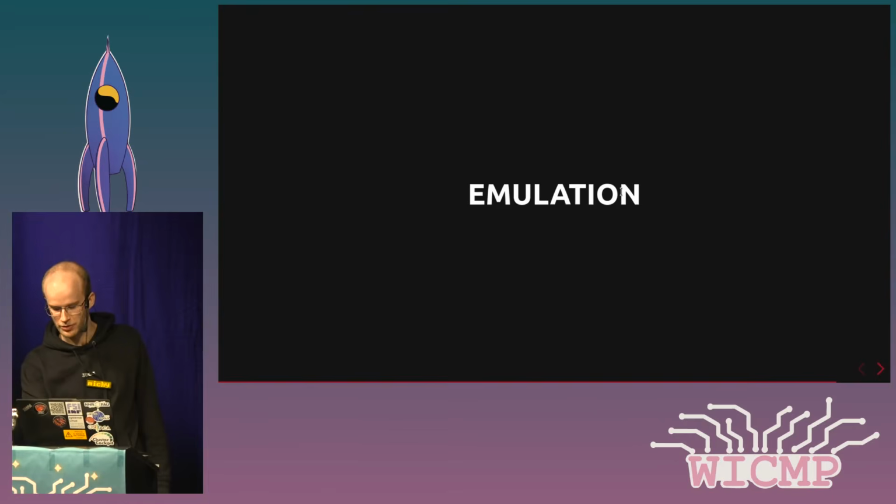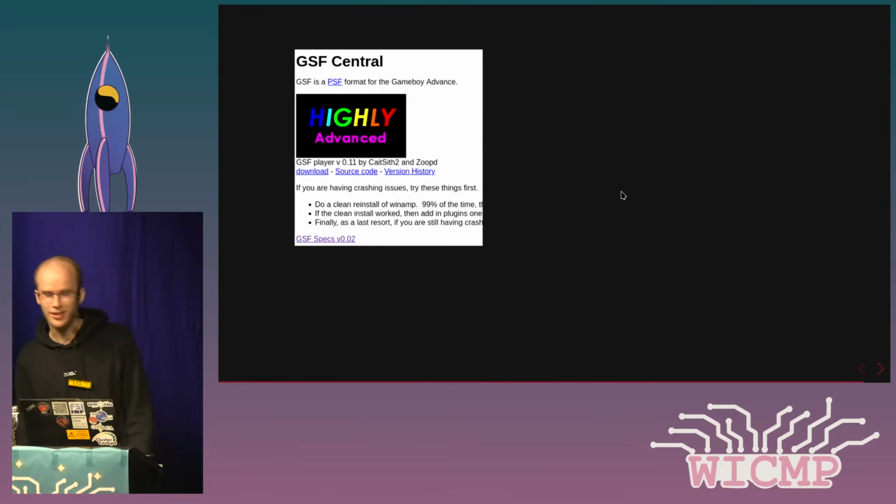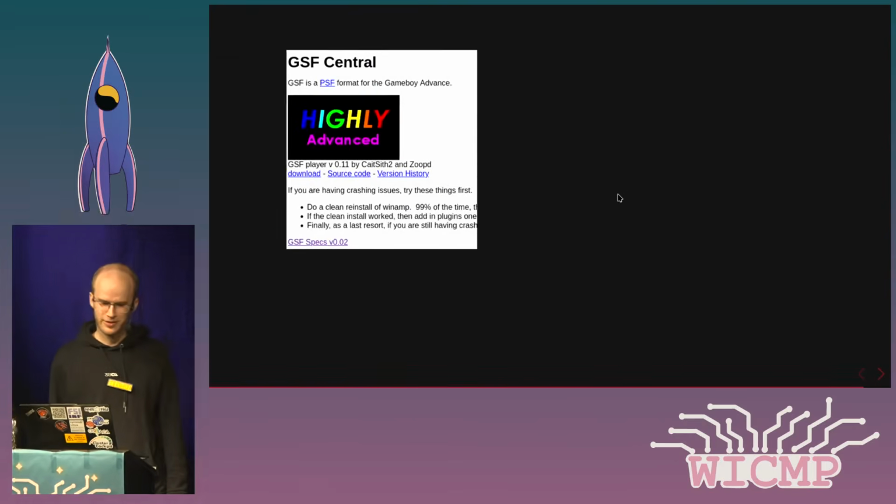So people came up with this solution, and I'm not sure exactly when Highly Advanced was first created, but essentially it is an emulator that runs inside your music player. In this specific case, it was Winamp, so you know which era it's from. You'd create these GSF files, which are essentially ROM images where you strip everything out besides the sound, and then add some metadata to know where exactly all the song positions are.